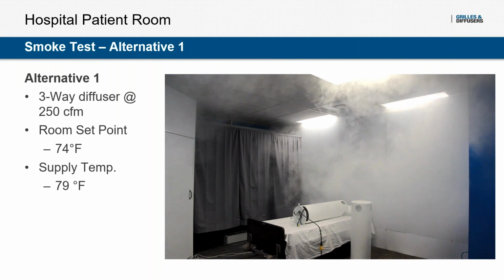It's going along the ceiling and then down the wall to create proper mixing. The velocity that's getting towards the patient is much lower than it would be with a radial ceiling diffuser. We could also see that the air was making it over the curtain and would be able to condition the window even when the curtains were closed.